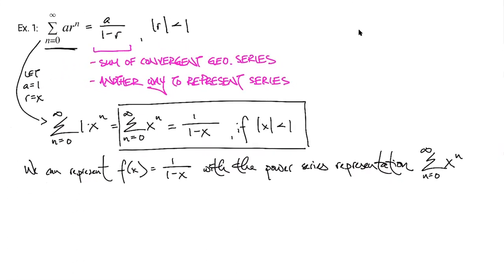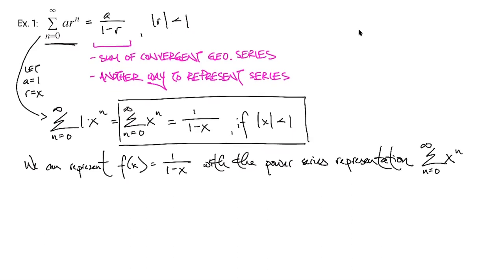If we see a function 1 over 1 minus x, another way that we can represent that is the infinite series, or the power series, x to the n. But what's also important is that we include if the absolute value of x is less than 1.